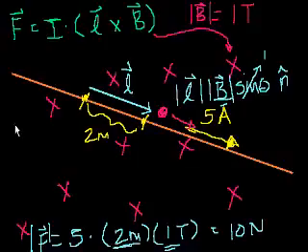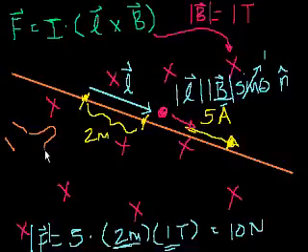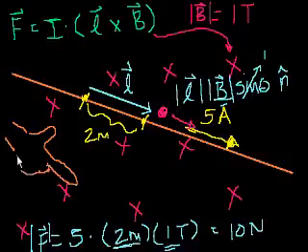If this is my right hand, I have my thumb sticking out like that. The L is going to be my index finger, the first thing in the cross product. And then the B is the magnetic field that's going into the screen, so you can't see it. You'll have to take my word for it that my middle finger is pointed downwards into the screen, and my other fingers are just doing something else. And there you have it.